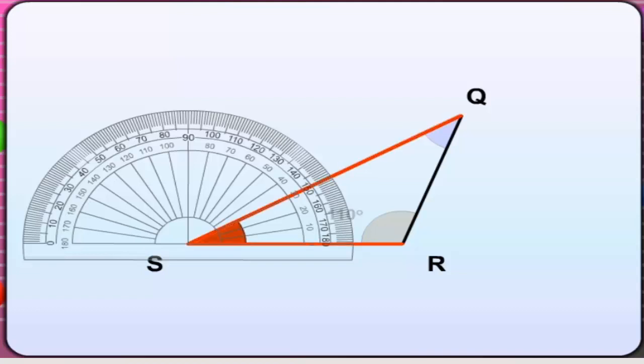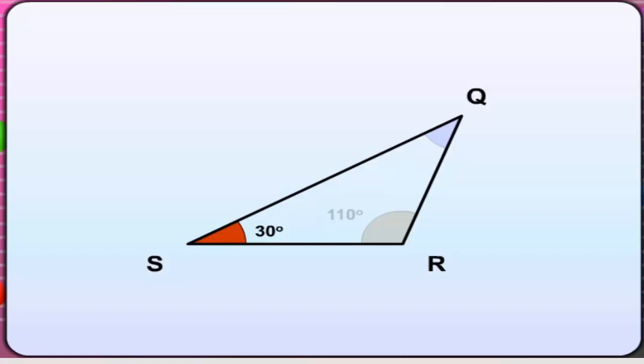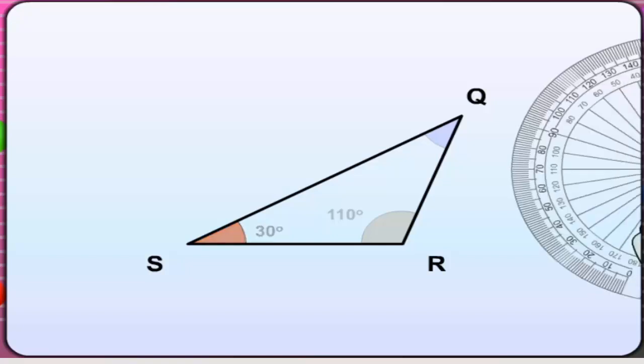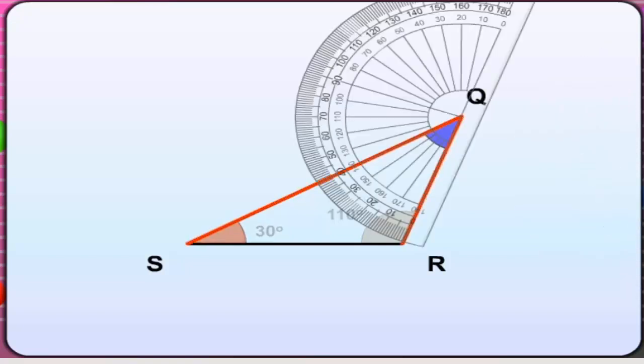The angle RSQ is equal to 30 degrees. And the angle SQR is equal to 40 degrees.